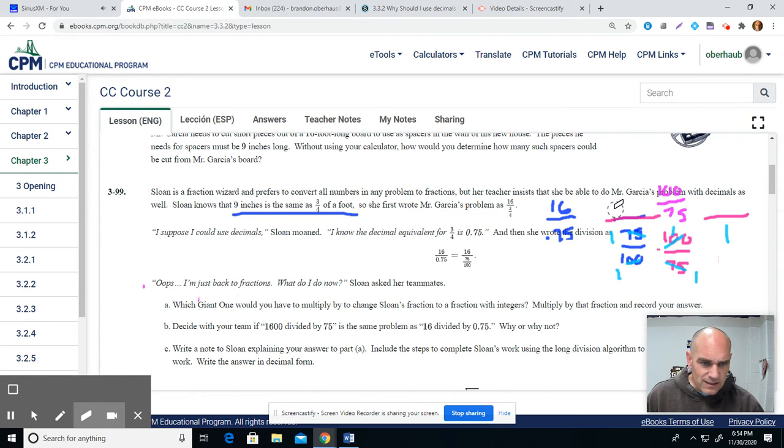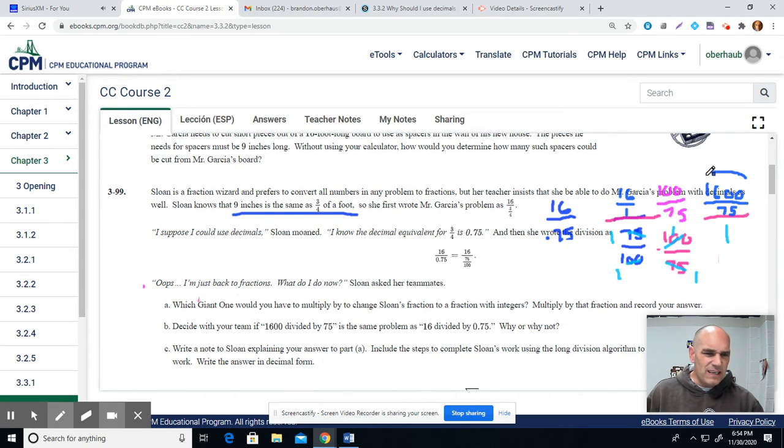I'm going to erase this 16, and instead I'm going to write it as a fraction, as 16 over 1, because that means the same thing as 16. I can multiply 16 by 100 pretty easily. 16 times 1 is 16, and then we add on our 2 zeros. So it's 1,600 over 1 times 75 is 75.